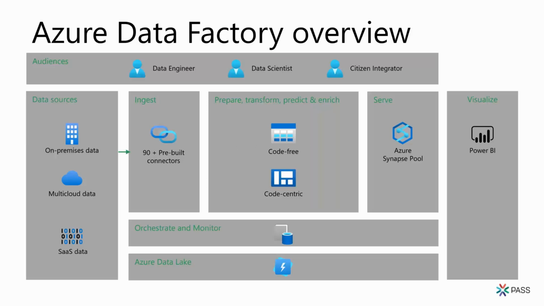And in order to do that, we give you the ability to work in either a code-free environment or a code-centric environment. Data Factory also gives us the ability to orchestrate that as a pipeline and monitor that across the board, with, of course, Data Lake being the center of all of this.